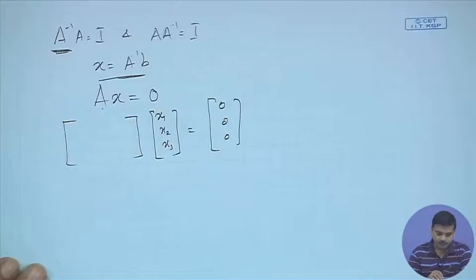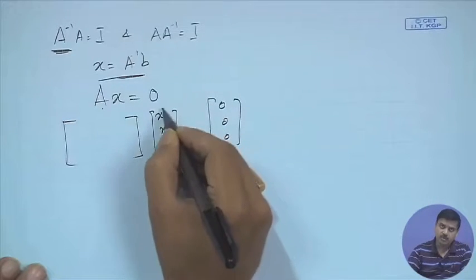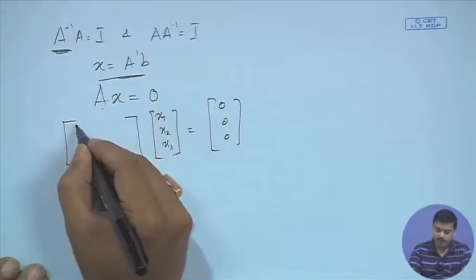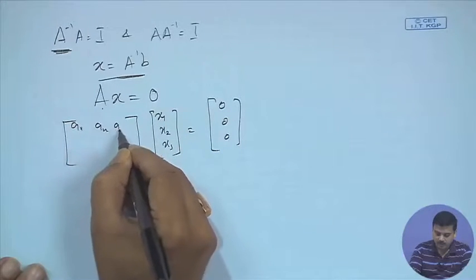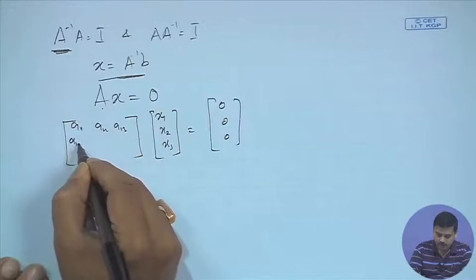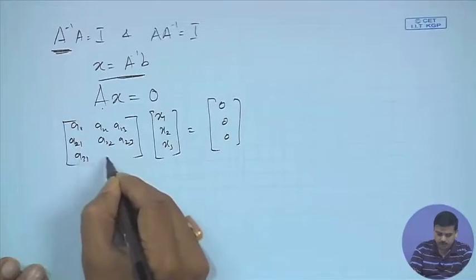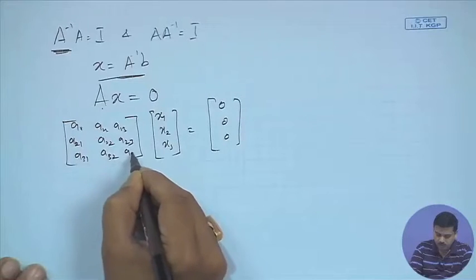So in this case, one possible way of getting 0 is to put x as 0, because this is A11, A12, A13, A21, A22, A23, A31, A32, A33.